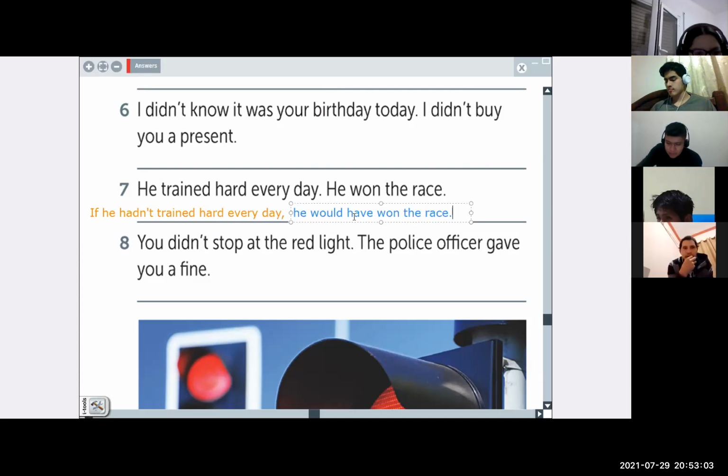Si no hubiera entrenado duro todos los días, he wouldn't, sería. Wouldn't, right? He wouldn't have won the race. Very good.